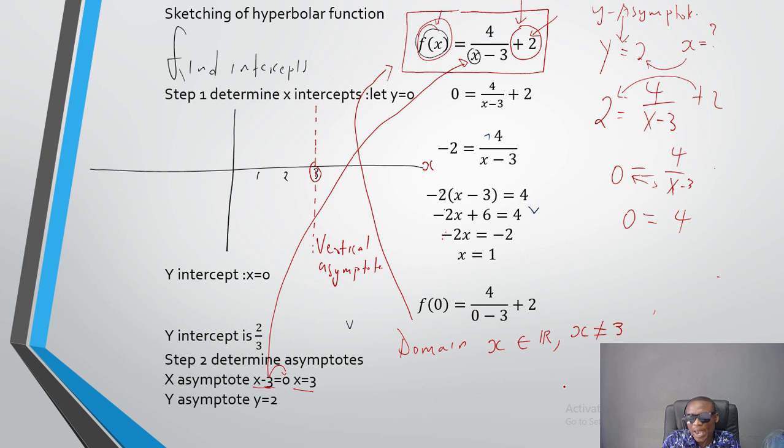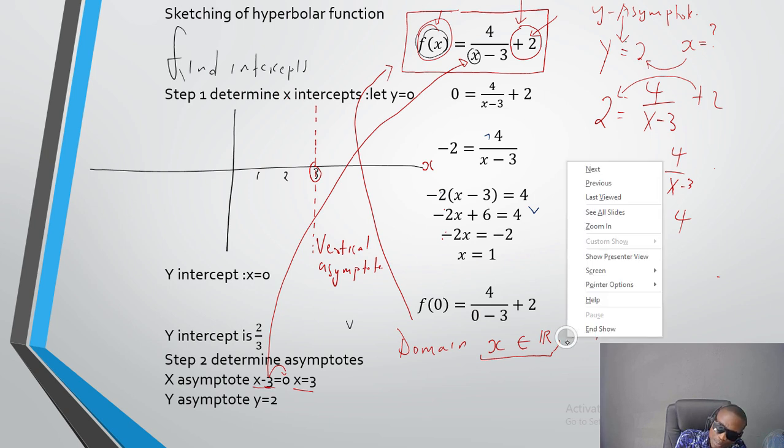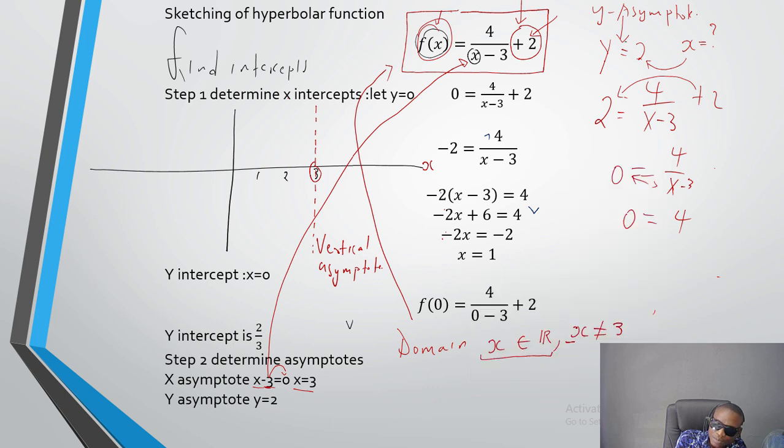For different values of x, you can find the value of y, but whenever x is 3, you cannot find the value of y. So you say x is an element of all real numbers, but x should not be 3.